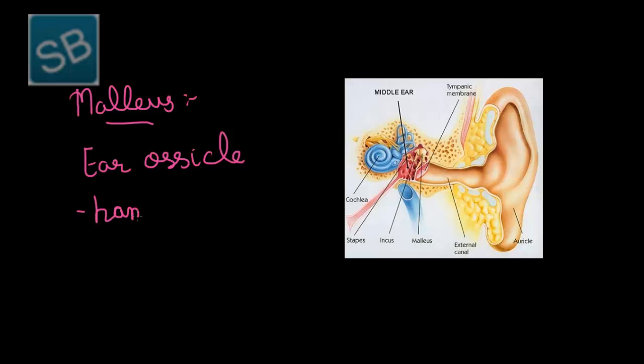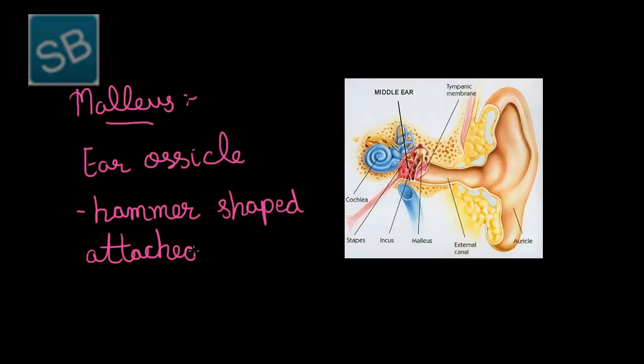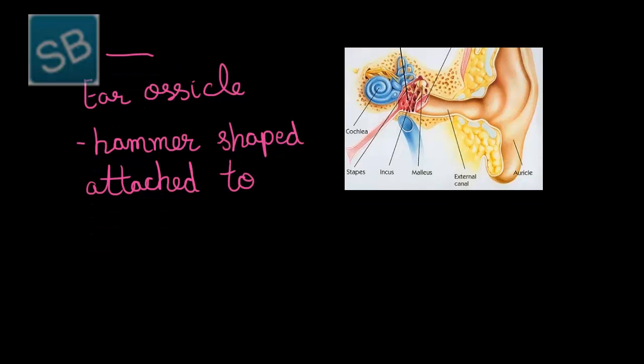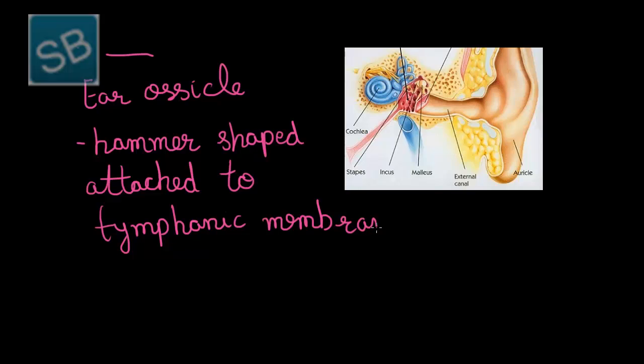Thus, an ear ossicle that is hammer-shaped and directly attached to the tympanic membrane is considered as the outermost part of the middle ear and is known as malleus.